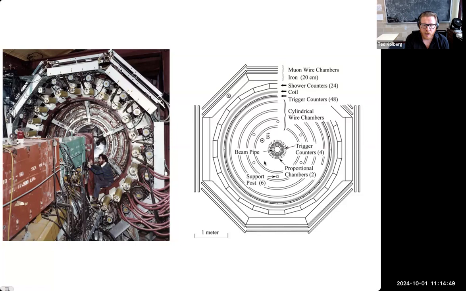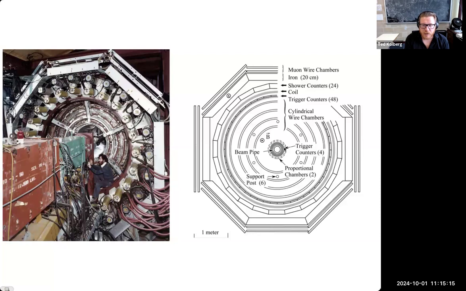The spark chamber was the tracking system. This was then surrounded by a series of time of flight counters that could be used for particle velocity measurements, and that could be then folded into a particle identification system in concert with the momentum measurement from the central spark chamber.